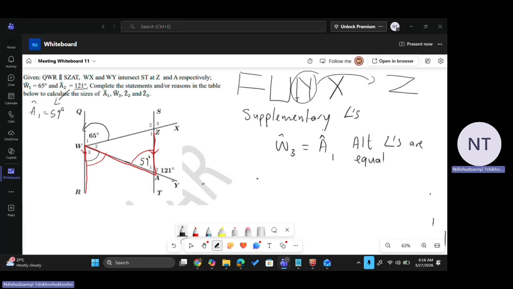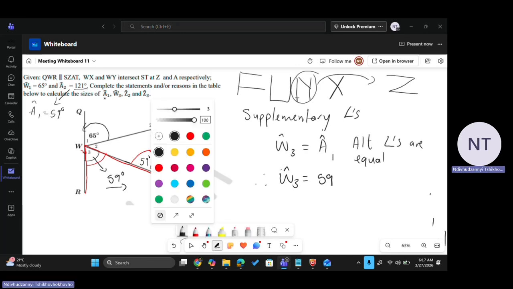Then you just go there and say, therefore, angle W3 is equals to 59. You're moving, guys. I trust you. So this is going to be 59 degrees. Do you get it? Does it make sense? Are you lost? Hope I'll find you soon before you disappear on me. But yeah. So we're done with these two guys.